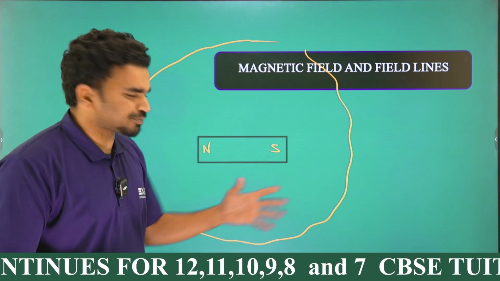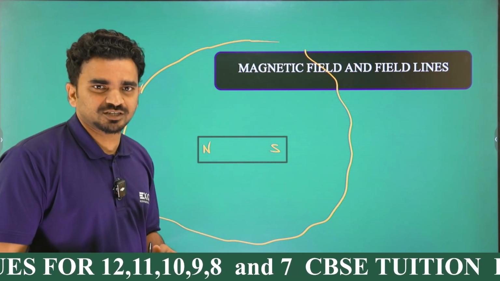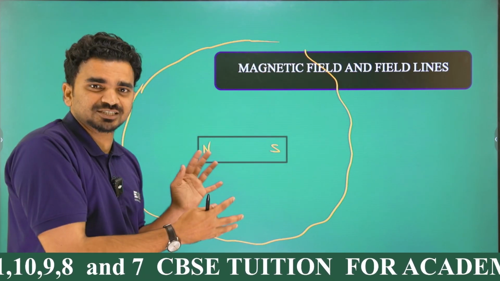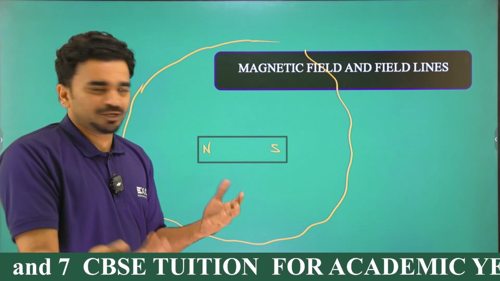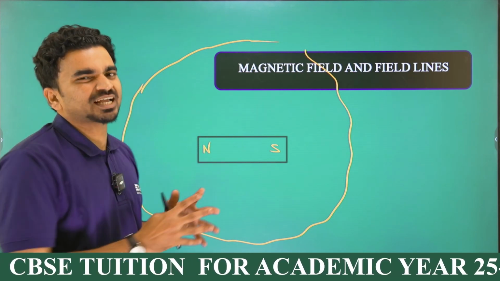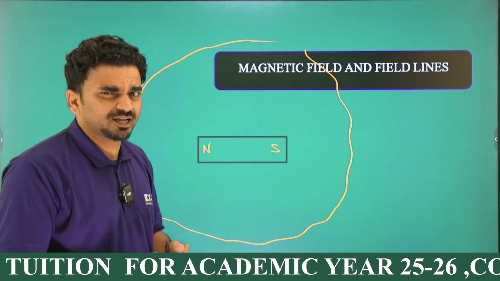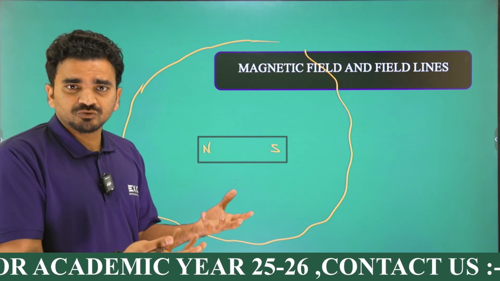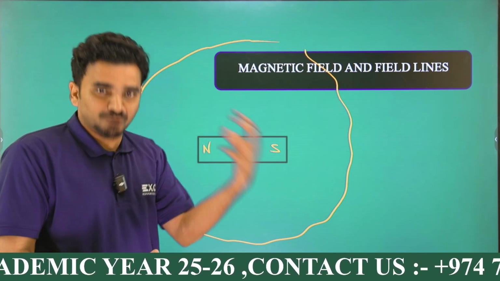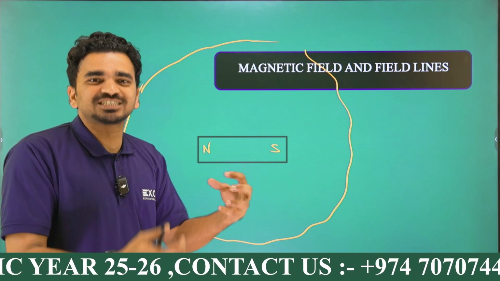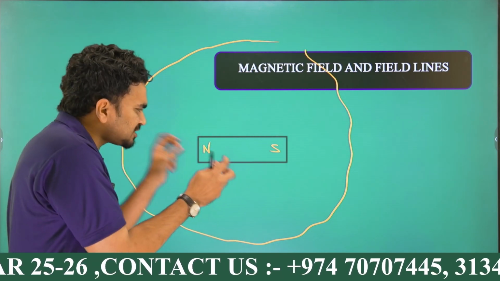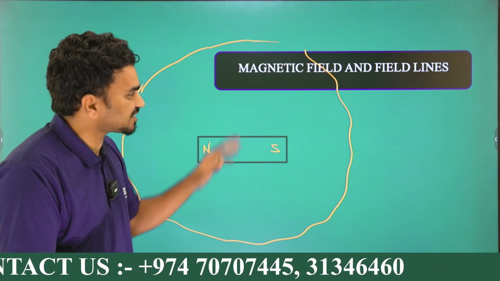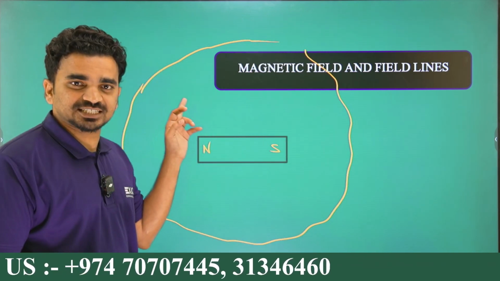Why? This representation is not a scientific representation. Why is this not a scientific representation? Because this kind of boundary representation is good for maps and all, but it is not good to represent a magnetic field. Why? Because this doesn't tell where the force of attraction is more, where the force is weak, at which point on the magnet the force is more, force is less, etc. This kind of line doesn't tell.